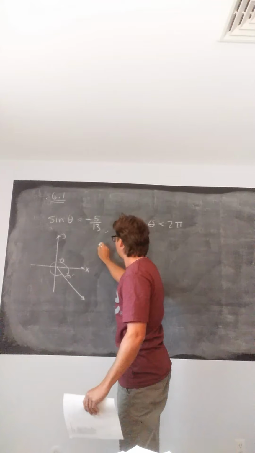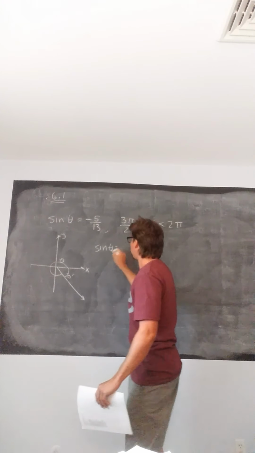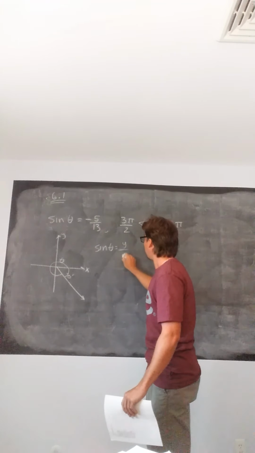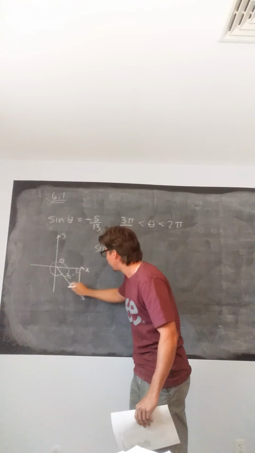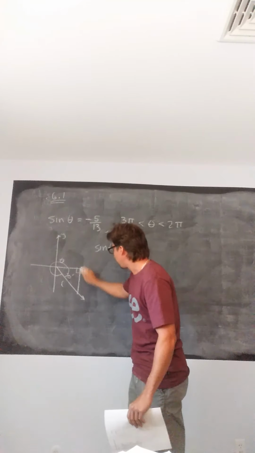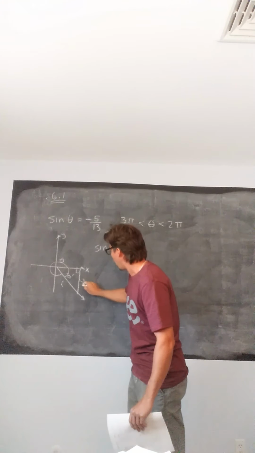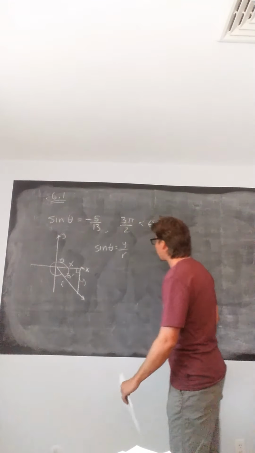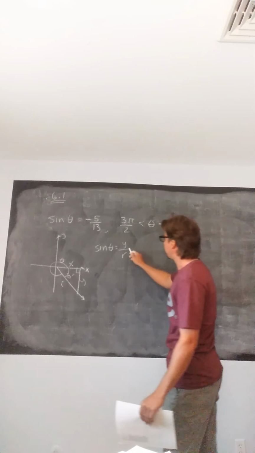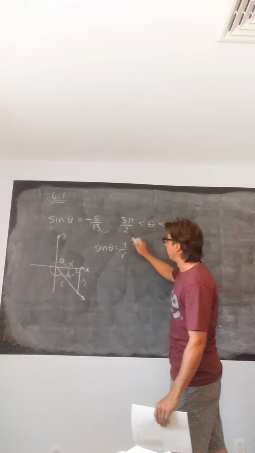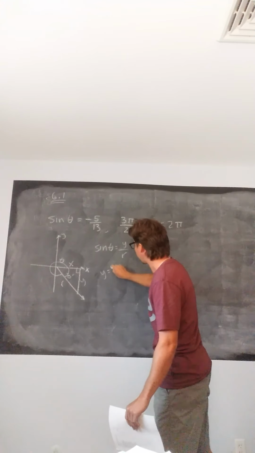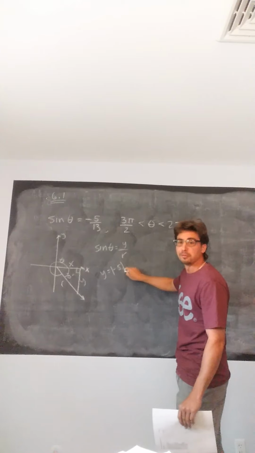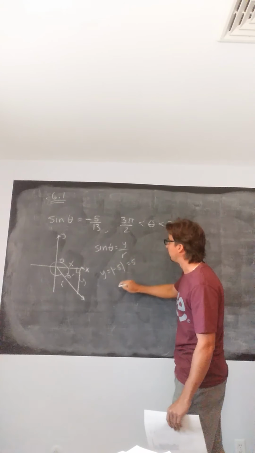So, if you remember, sine's ratio is y over r. In your right triangle, the long side is r, up and down is y, and left to right is x. So I'm going to think of this as y over r. That means your y is really negative 5, but we're going to look at this in terms of the absolute value of negative 5, which is positive 5.